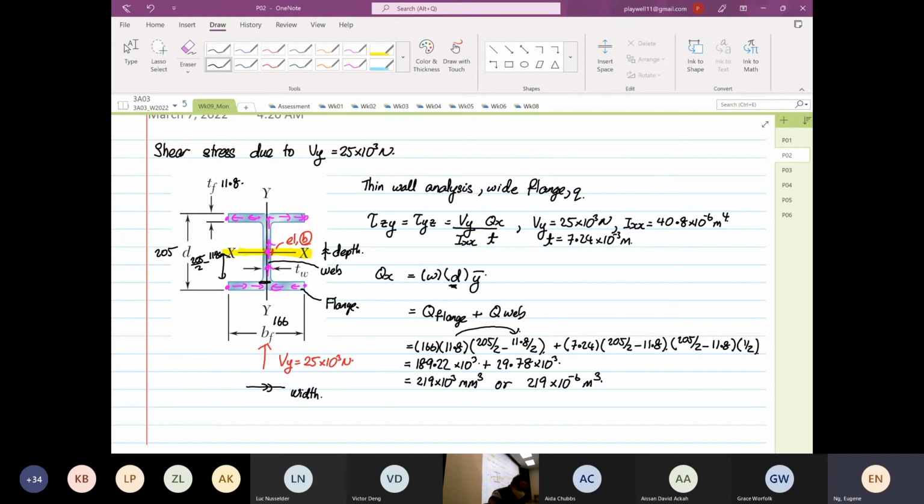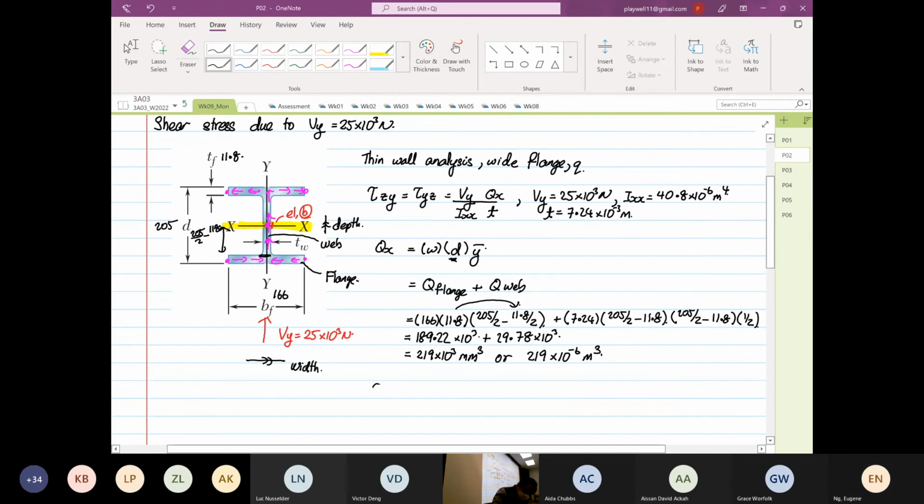So finally, once that is known, you can find your shear stress ZY at point B, which is equal to 25 times 10 to the power 3, times 219 times 10 to the power minus 6, divided by the I, 40.8 times 10 to the power minus 6, and the thickness will be 7.24 times 10 to the power minus 3.